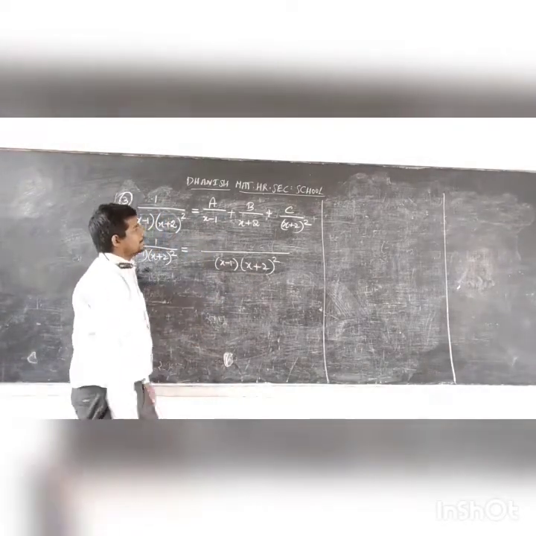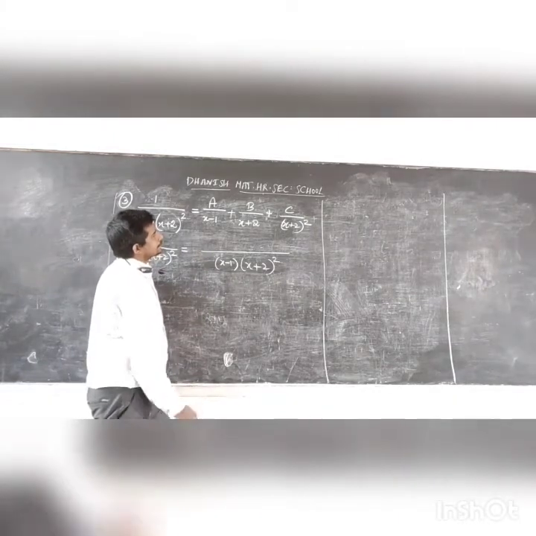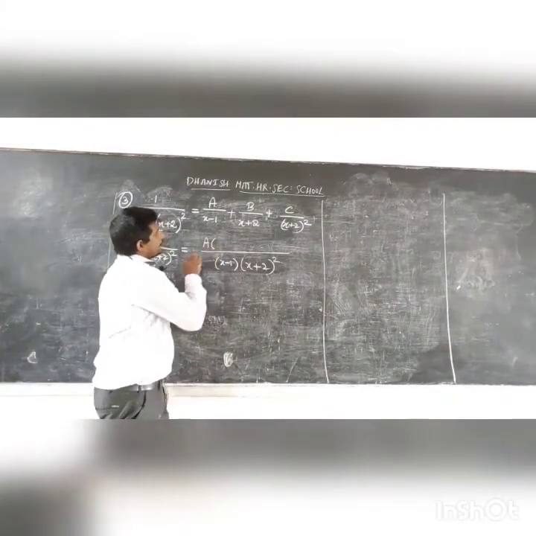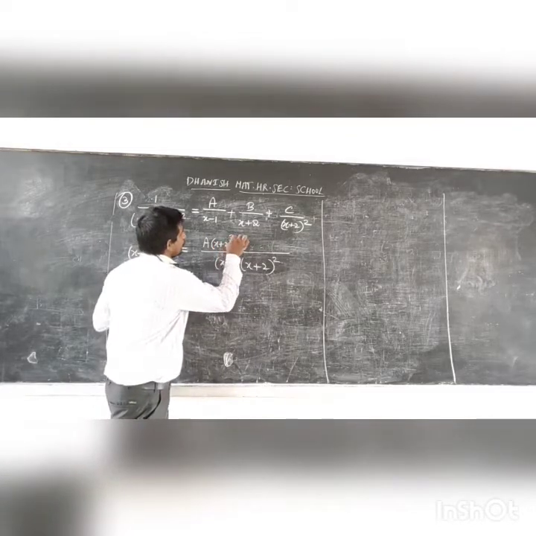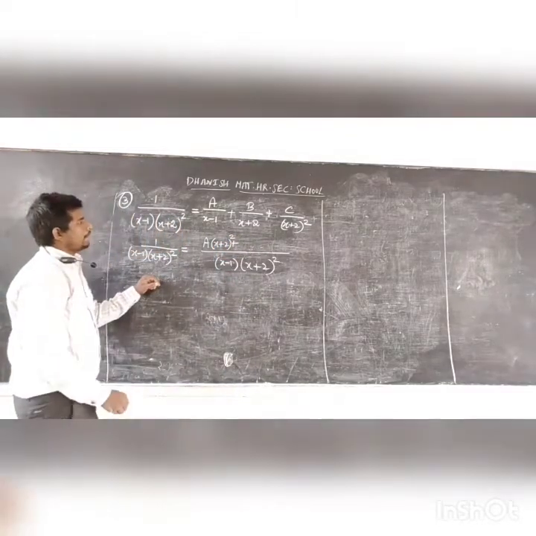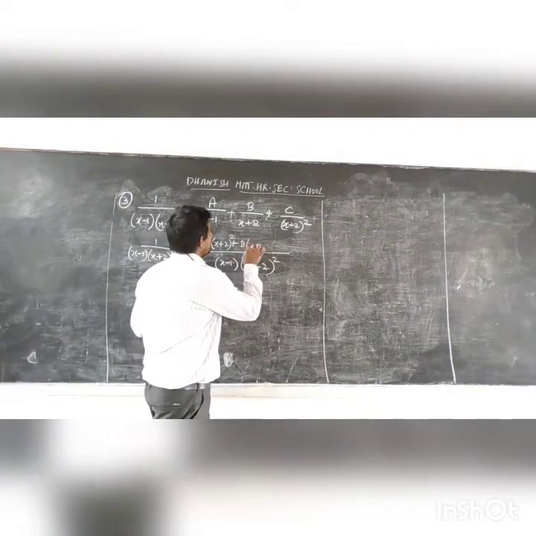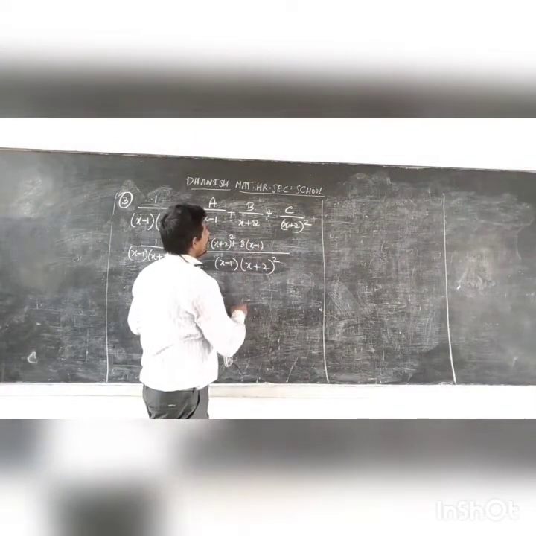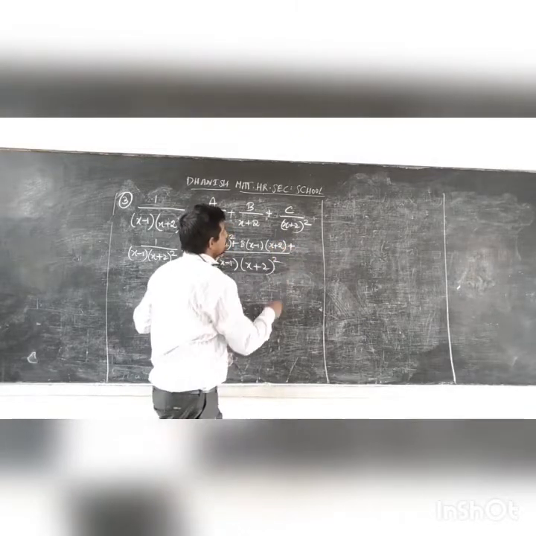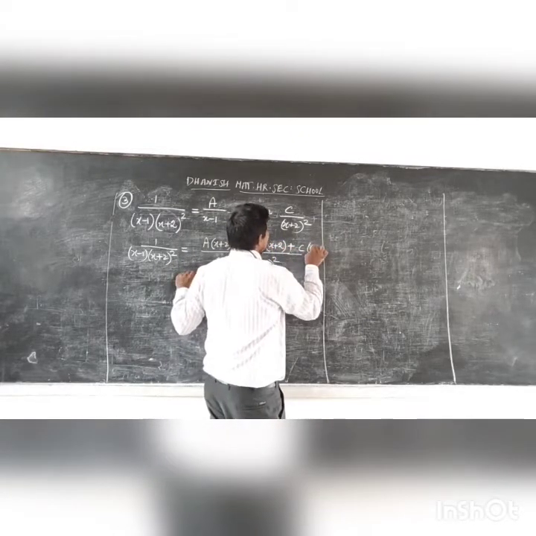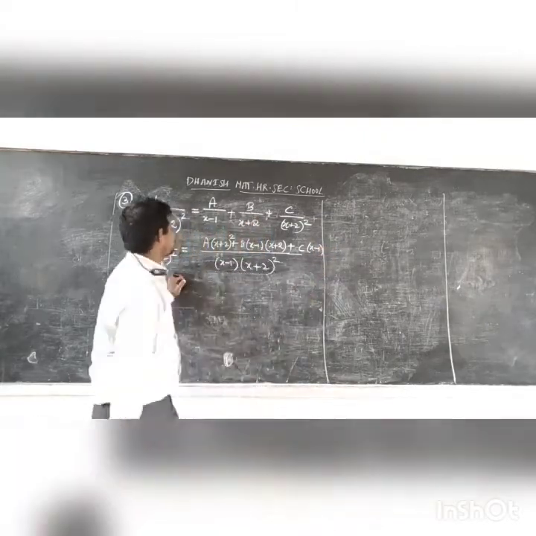Now I am going to take a into x plus 2 whole square plus b into x minus 1 into x plus 2 plus c into x minus 1.